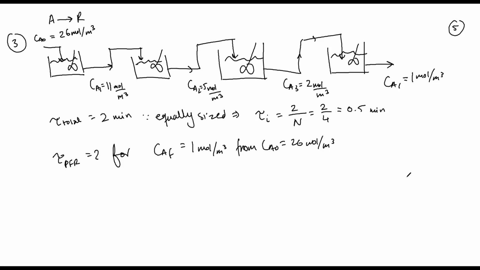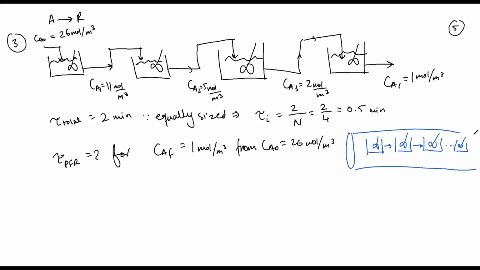If you go to your slides, we discussed this when we talked about n number of CSTRs in series starting to behave like a PFR. We have two equations in that case.